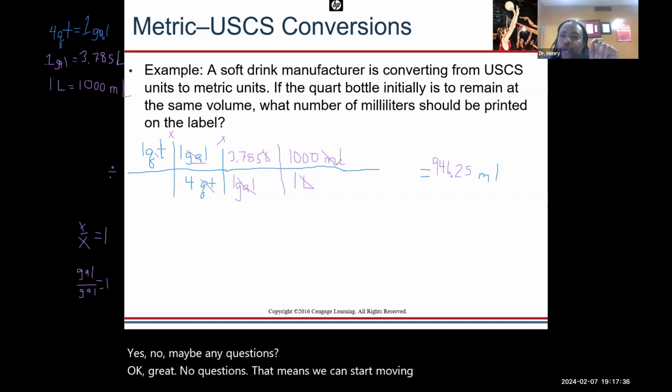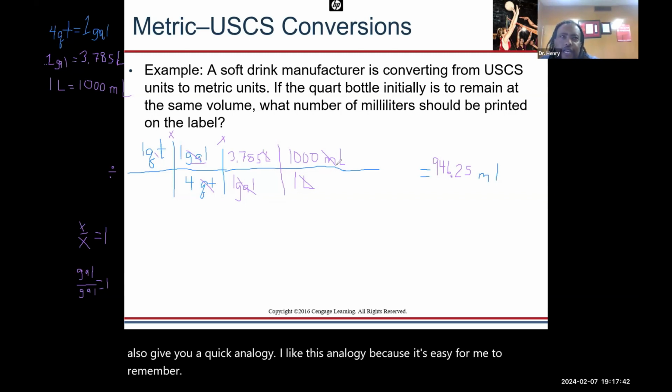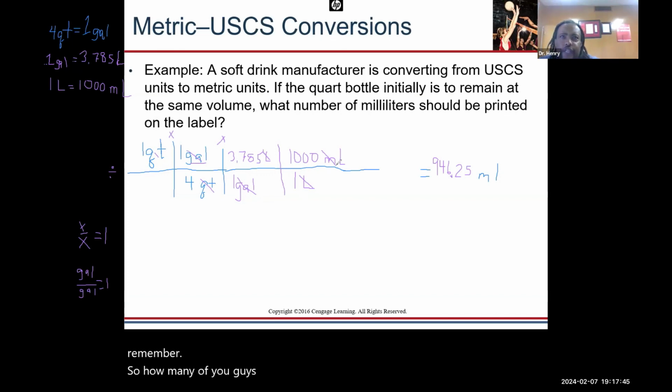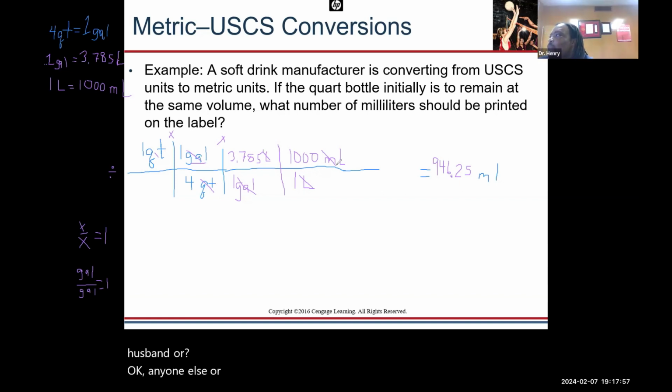But I'm going to also give you a quick analogy. I like this analogy because it's easy for me to remember. So, how many of you guys date or have a significant other, boyfriend or girlfriend or a husband or wife? Anyone else? Or had? You may not have one now, but you may have had one in the past.